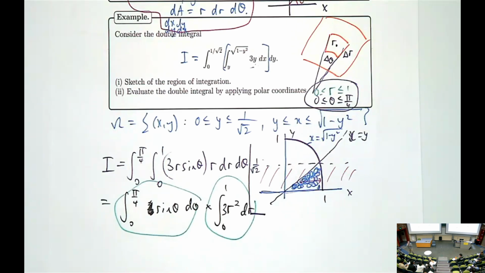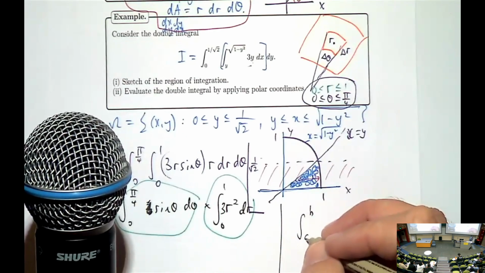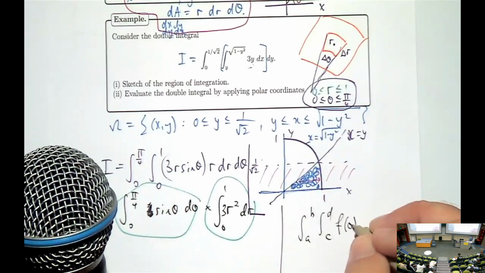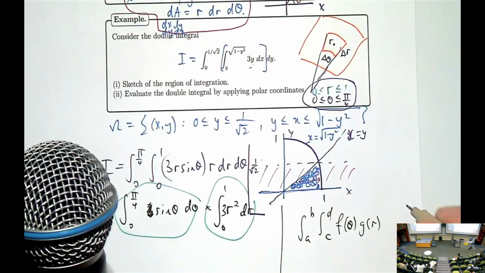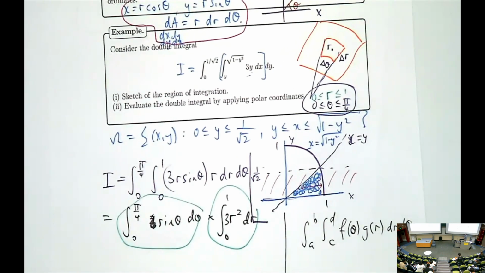You look upset. What are you confused about? If I have something like this, let's say they're just numbers, and I have a function of one variable multiplied by a function of the other variable.